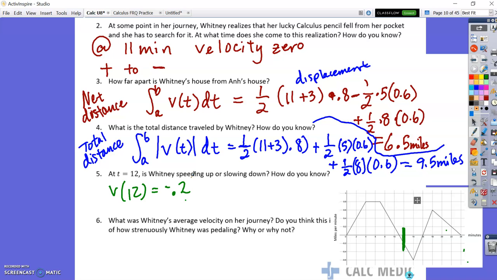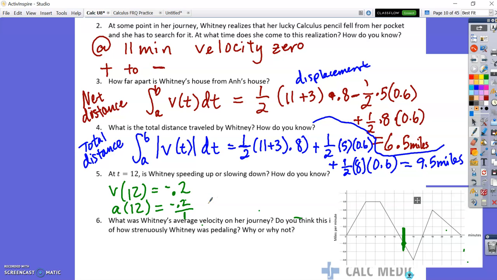Her acceleration is negative 0.2 over 1.